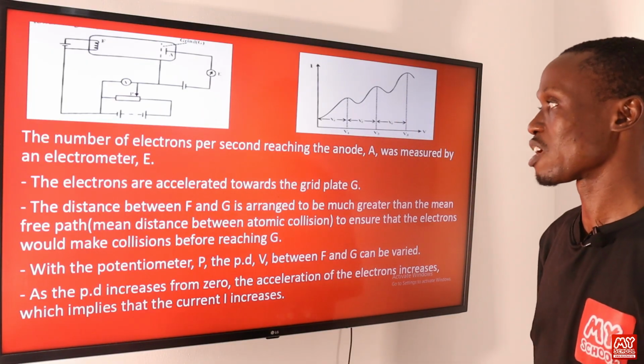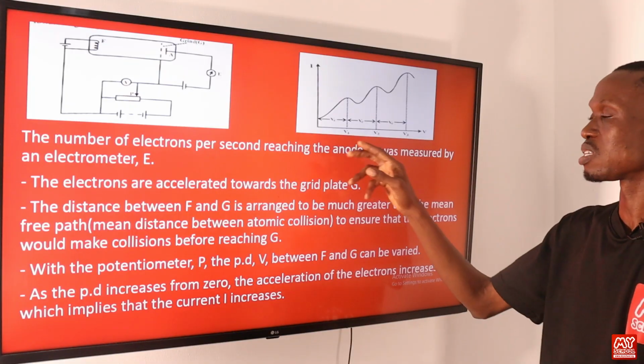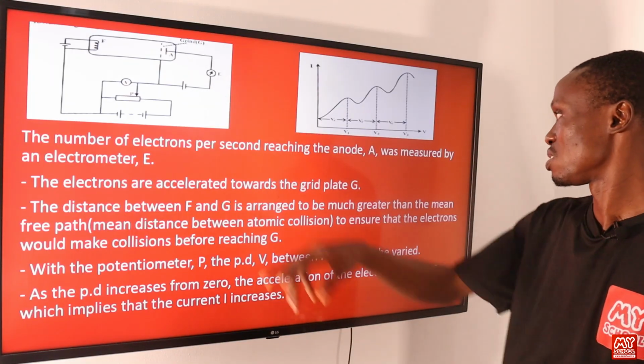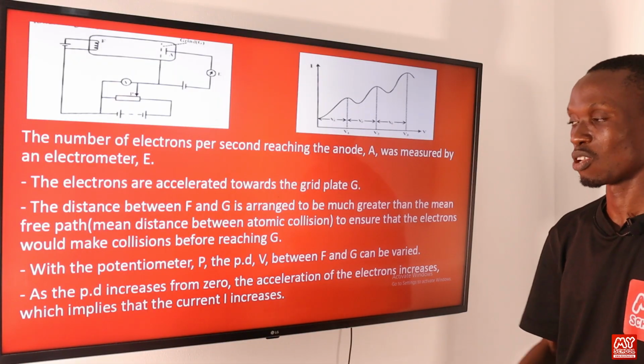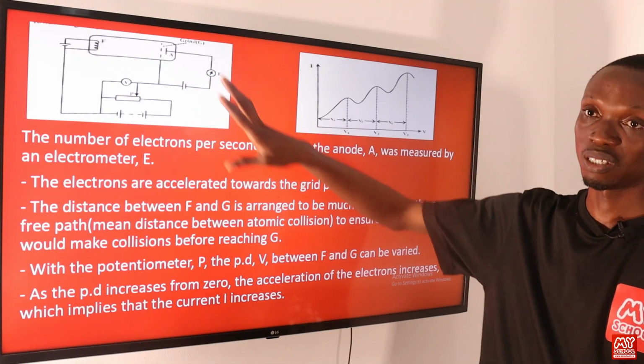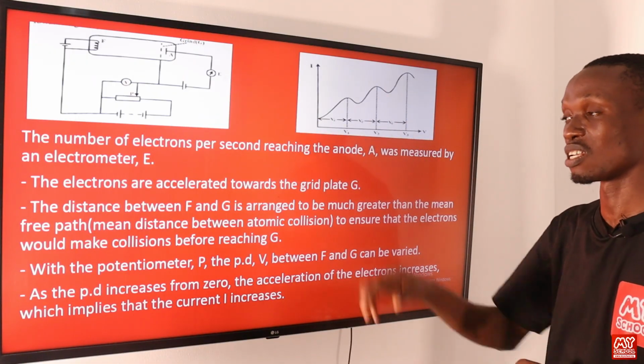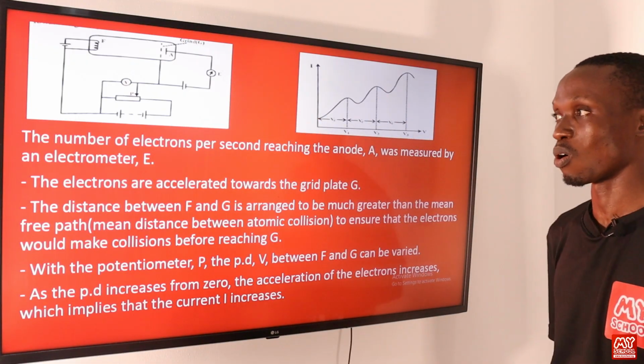The number of electrons per second reaching the anode A, which is this point, was measured by an electrometer E. Basically this is what is happening inside the device that you are seeing on the screen.